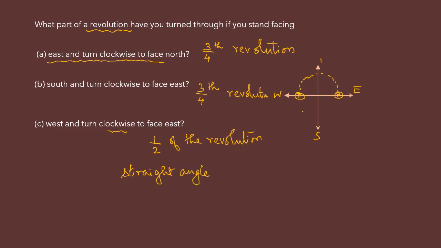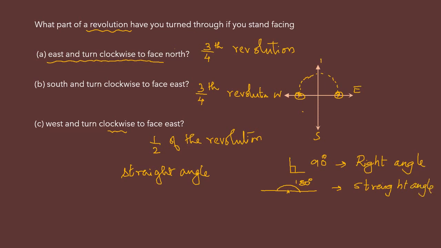I told you if it is 1/4 of a revolution, then it is 90 degrees, and we call that angle a right angle. And if it is a straight line, then the angle formed is 180 degrees and we call it a straight angle.